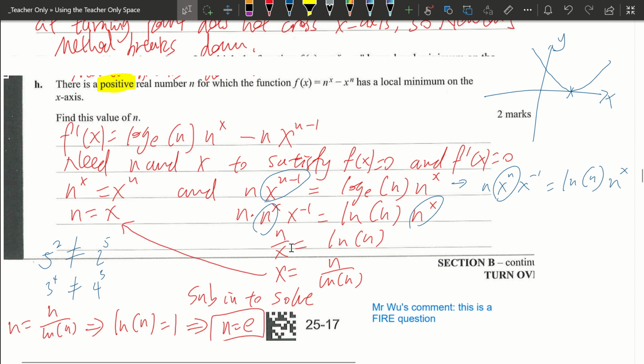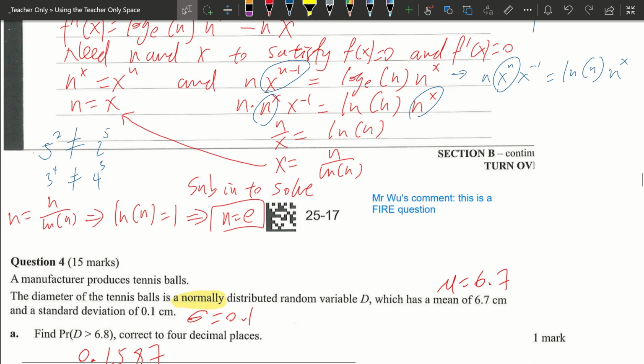So x is going to be this: multiply x on both sides and divide ln n on both sides. So I get x equals n over ln n. Again, by the way, ln is the natural log of base e. Sub that in, I took this equation and subbed it into the left equation, so I get n equals n over ln n, which means natural log n equals 1, which means n is e.